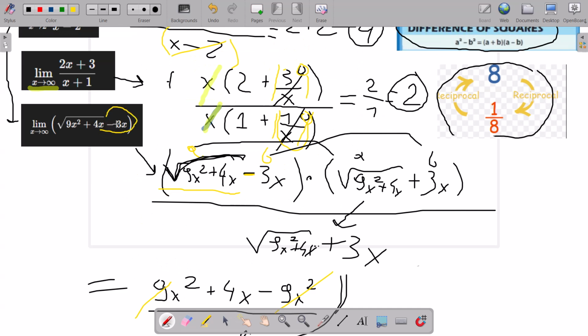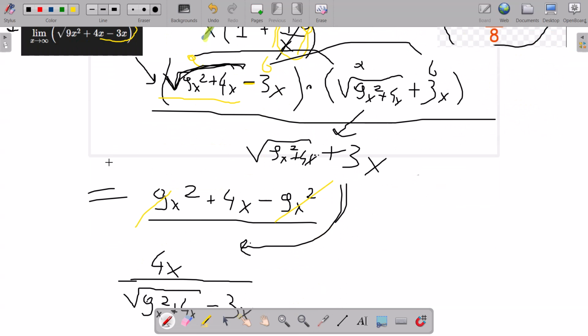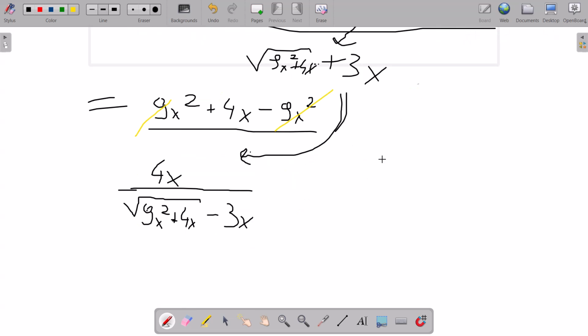Originally it was minus 3x. So if it's minus 3x, at the moment everything is correct. The conjugate will be positive, right? It has to be positive, and that one remains positive here. So at the moment it's all okay. It's all good.